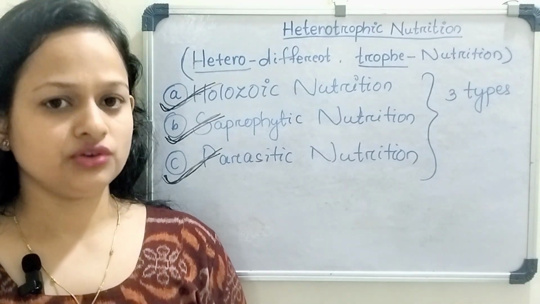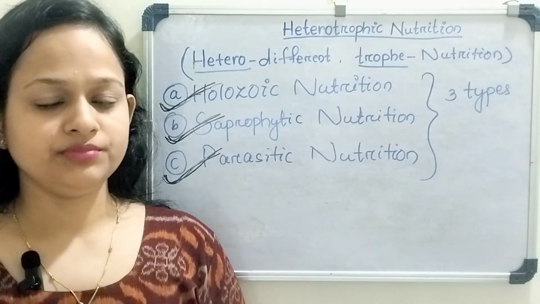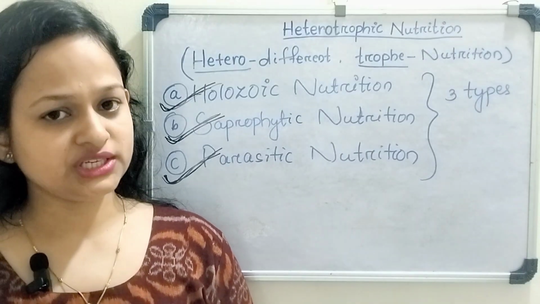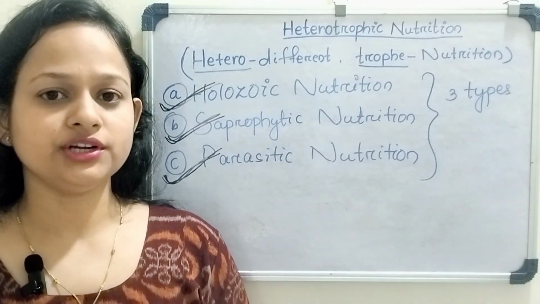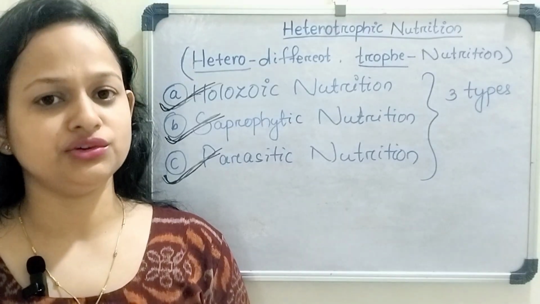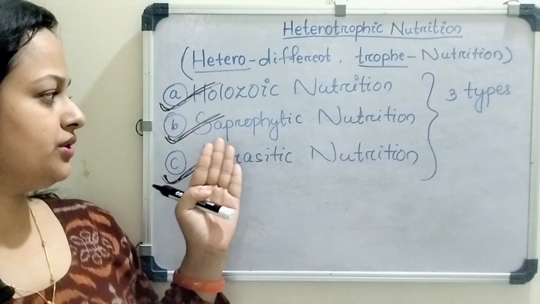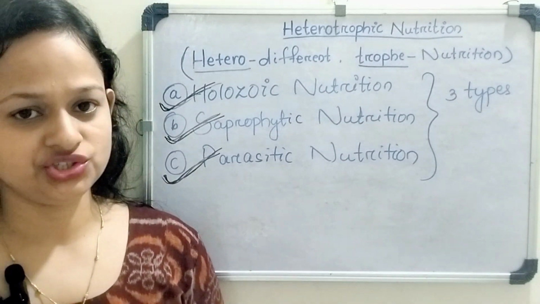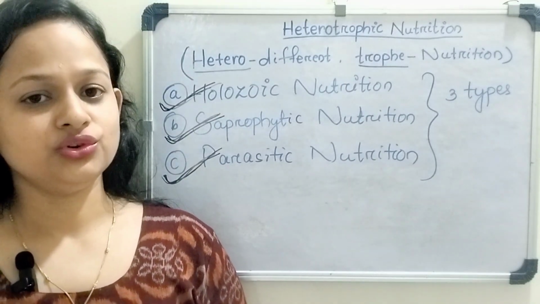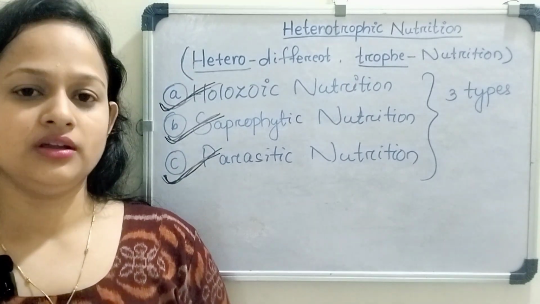Then we come to the types of heterotrophic nutrition. Depending upon the different food obtaining strategies adopted by different types of animals, heterotrophic nutrition is of three types. They are holozoic nutrition, saprophytic nutrition and parasitic nutrition. So first, holozoic nutrition.